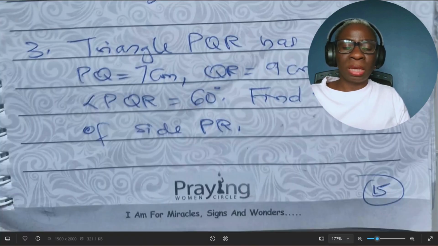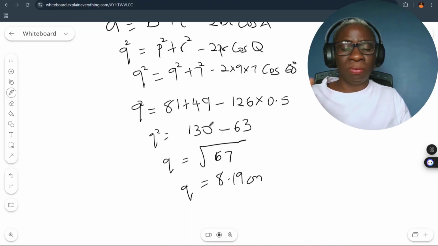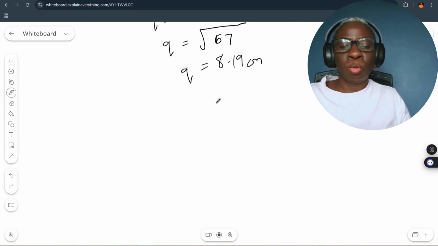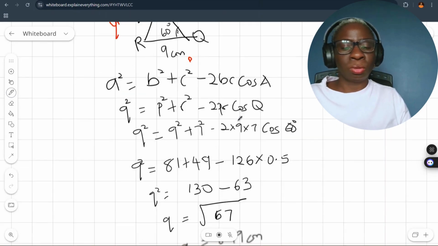And since we were given the other sides as whole numbers, we can also leave side Q as a whole number. So that means Q will be equal to 8 centimeter. And that is how to solve this one.